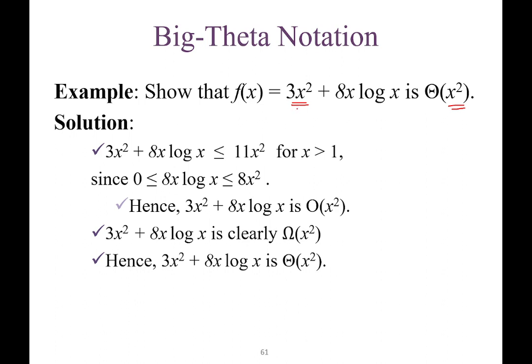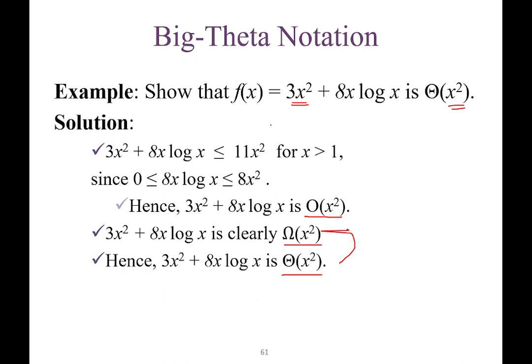Next, let's see how we prove big theta notation. Remember, we need to prove big O of x squared and big omega of x squared. Then we can see the result will be big theta of x squared. Firstly, let's consider big O notation.